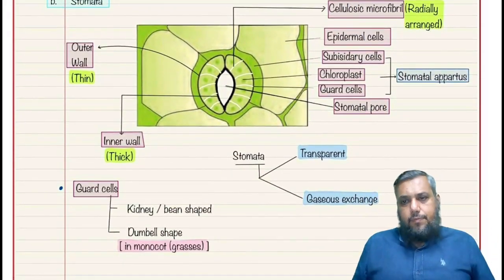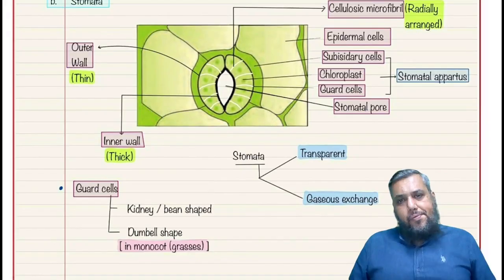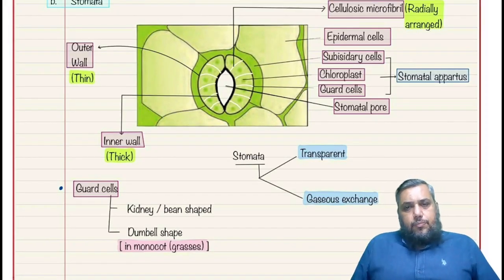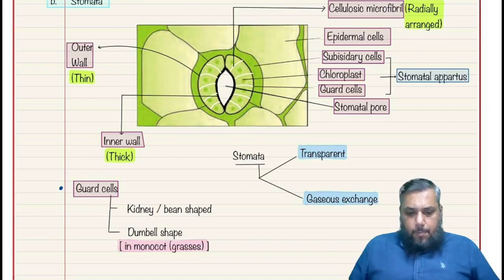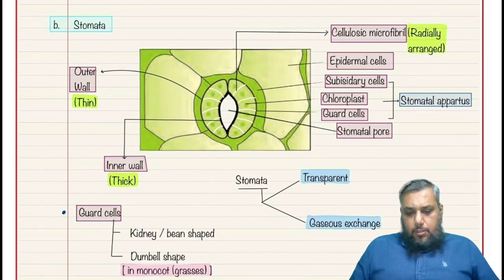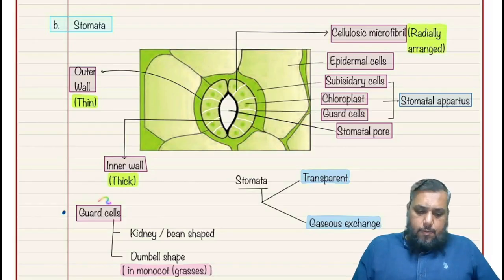Then the other feature that we see in the epidermal system is the presence of the stomata. Okay. Now, the picture in front of you is that of a typical dicot stomata, which shows the presence of a pair of guard cells, right?